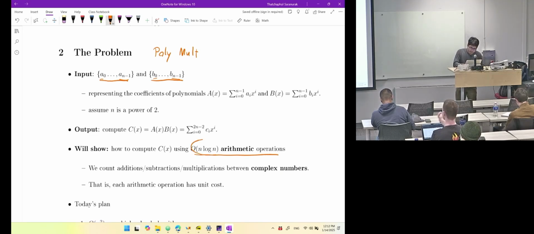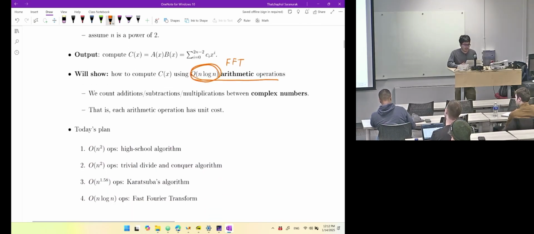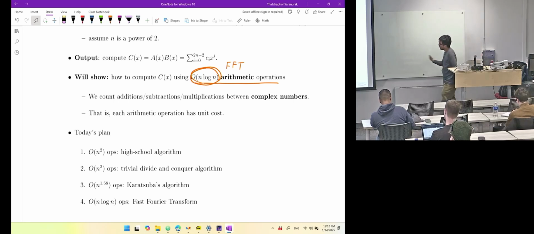But before going to this algorithm that uses fast Fourier transform, the cool algorithm that we can learn today, we're gonna kind of work our way through it. First, let's at least convince ourselves that we do have an n squared algorithm from high school. It works. And then let's change our perspective and get another way to solve the problem using divide and conquer.